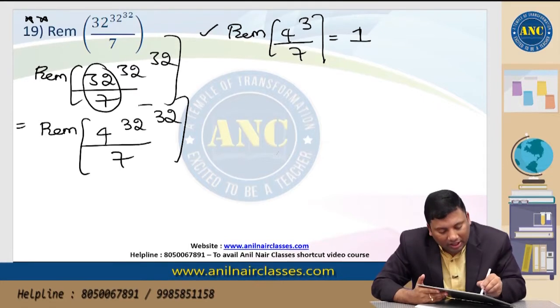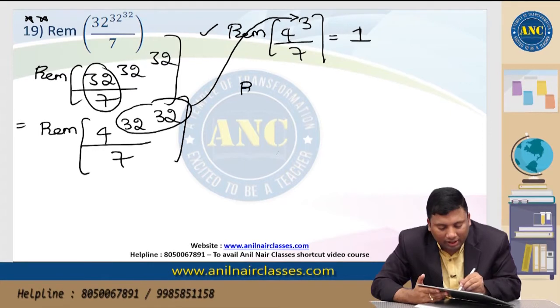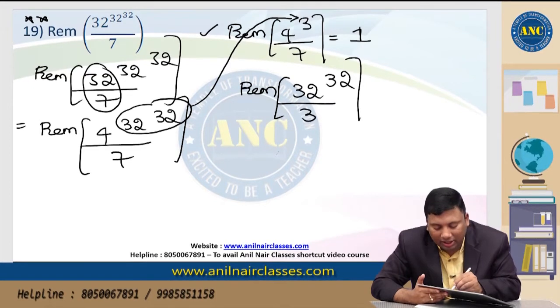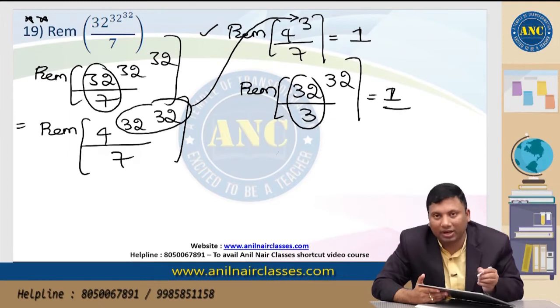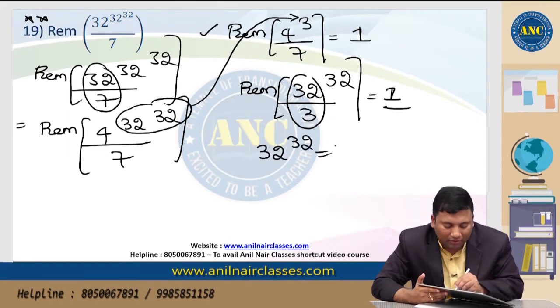After this, take this power and divide with this power. So 32 power 32 divided by 3. 3 11s are 33. Minus 1. Minus 1 power even is plus 1. So 32 power 32 when divided by 3, positive remainder is 1.